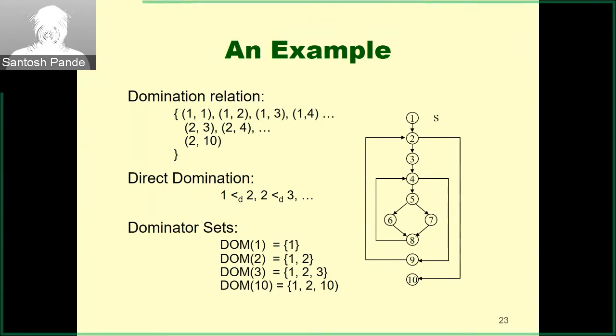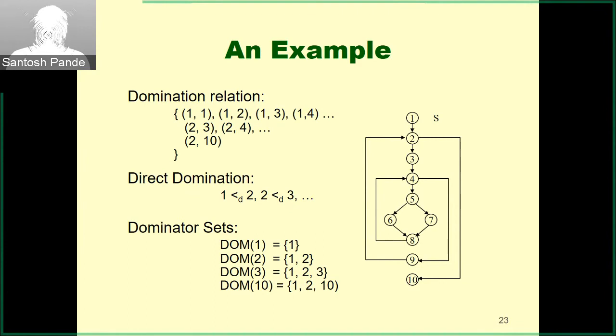So I look at my predecessor, which is 6, and at this particular point, its dominator set is 6. And next I look at 7, its dominator set is 7. So the intersection of these two dominator sets is null. So at this point, I proclaim nobody is dominating me.